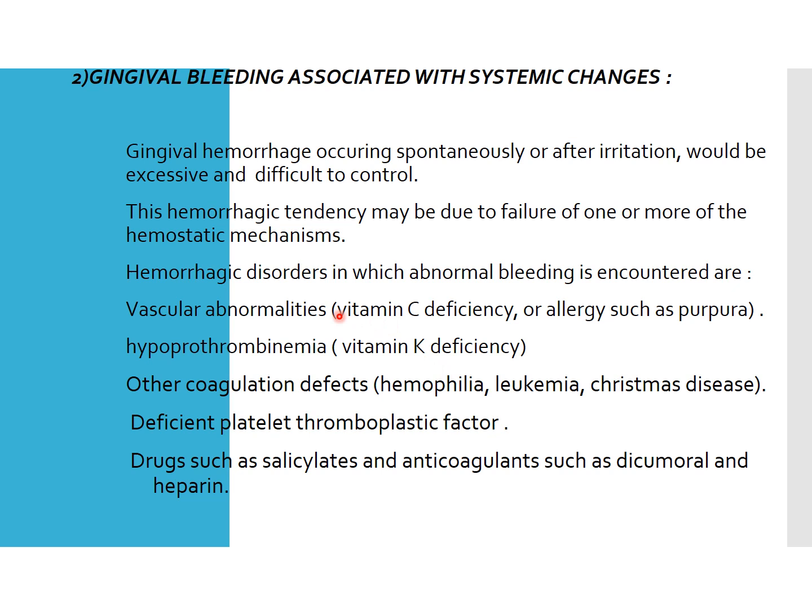The disorders that cause abnormal bleeding are vascular abnormalities, hypoproteinemia, other coagulation defects, deficient platelet thromboplastin factor, or drugs such as salicylates and anticoagulants, that is anti-clotting factors, such as dicumarol and heparin.